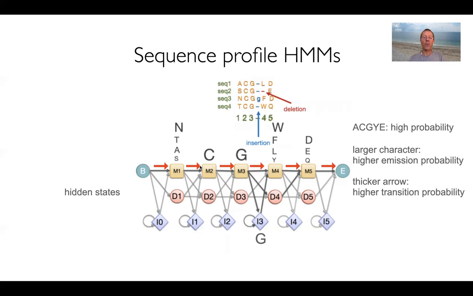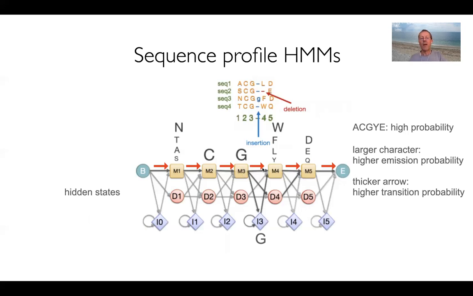So you have a high probability to go to M1, a high one to emit alanine, high to go here, and a high probability to emit cysteine. So it looks good so far. And now you continue, high transition probability to M3, and indeed glycine has a high emission probability, so that's also a good fit, contributes to the high score.